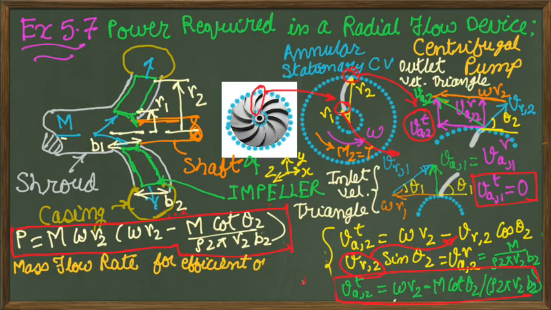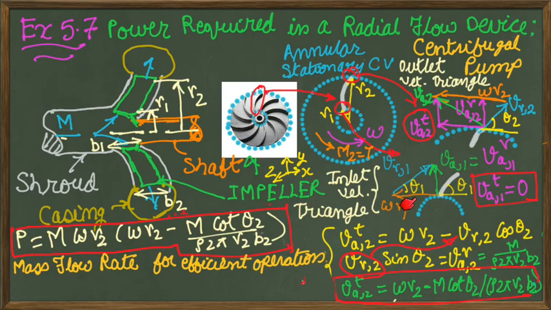After obtaining the shaft power, note that we had used one condition: that for efficient operation, at the inlet, the relative velocity with which water is entering the impeller is along this direction, tangent to the blade, so that there is no flow separation. So we had said that the inclination of the relative velocity VR1 should be equal to the blade tip angle, theta 1.